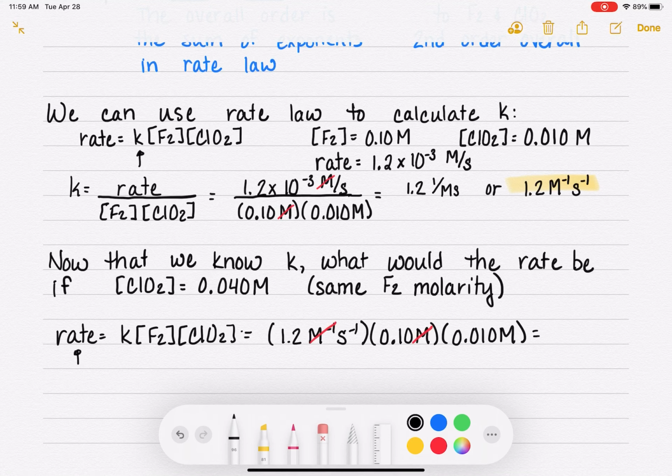And what do we get here? 1.2 times 0.1 times 0.01, that is going to be... what did I do wrong? I plugged in the wrong concentration for ClO2. We are going to get 0.0048 molarity per second. So this would be the new rate if we change the concentration of one of our reactants.